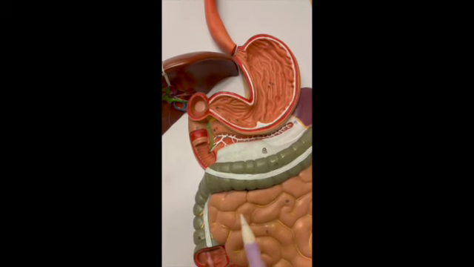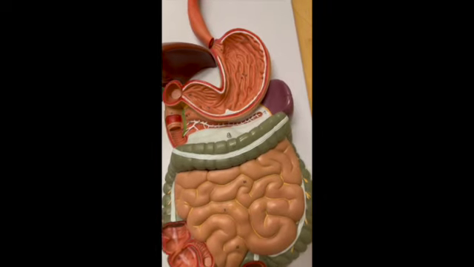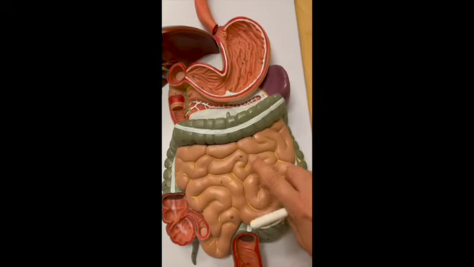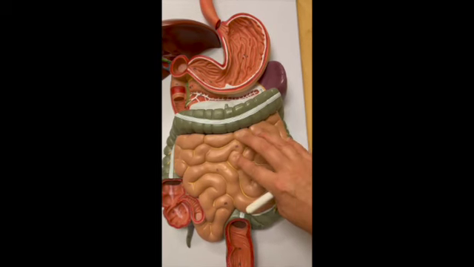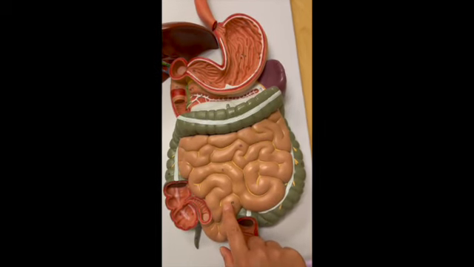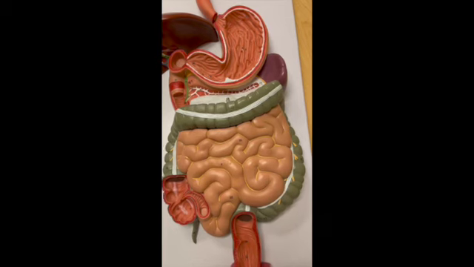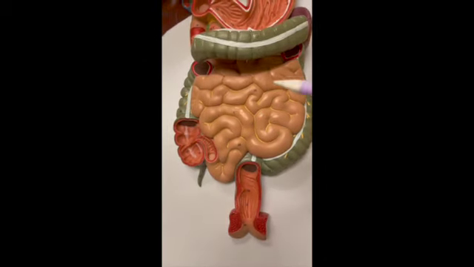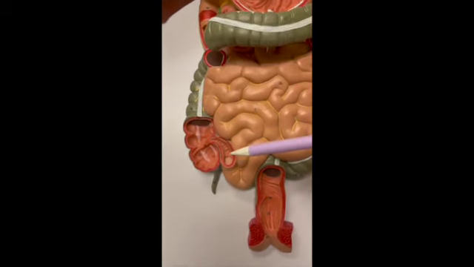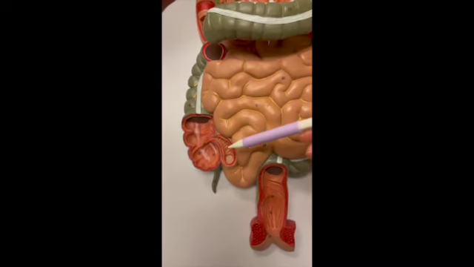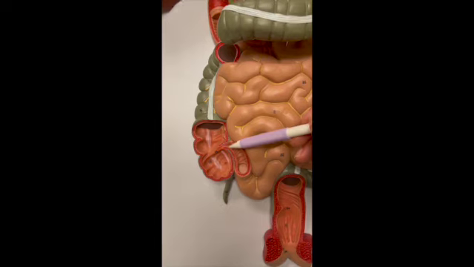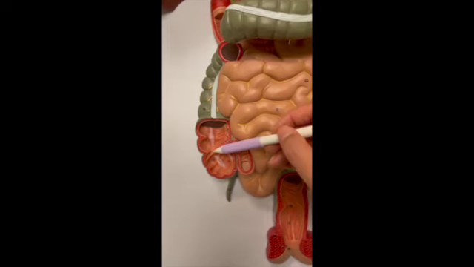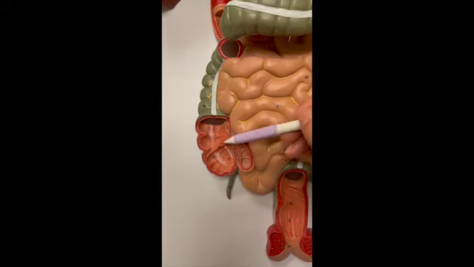Once we've hit that, just trying to find my next number. So 21, we're indicating the jejunum. And then down at 22, we're indicating the ileum. Okay, so now we are going to go from the ileum to the cecum. We have our ileocecal junction, which means this is our ileocecal valve.